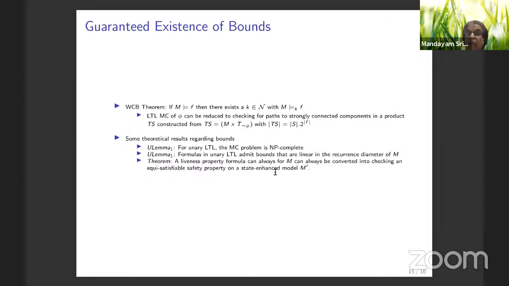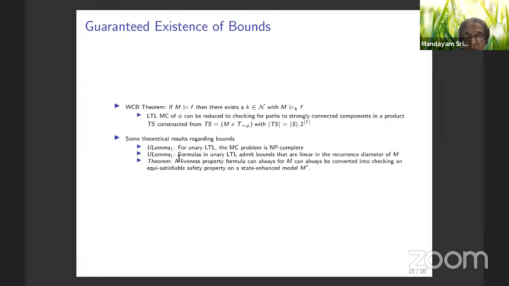So, the two things to note are that there exists a bound, and that completeness is theoretically guaranteed by the result described in the first bullet, as well as the third sub-bullet here.